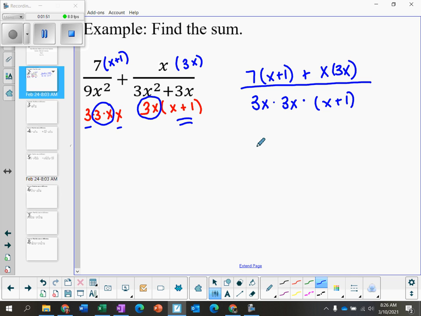So simplifying the top, we have 7x plus 7 plus 3x squared. And simplifying the denominator, 3x times 3x is 9x squared times x plus 1.